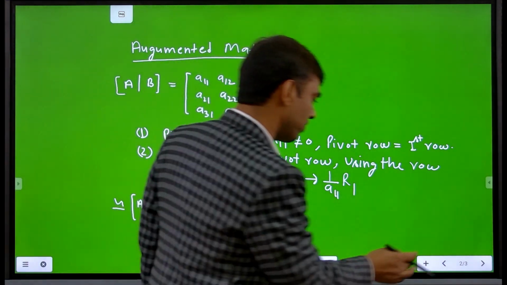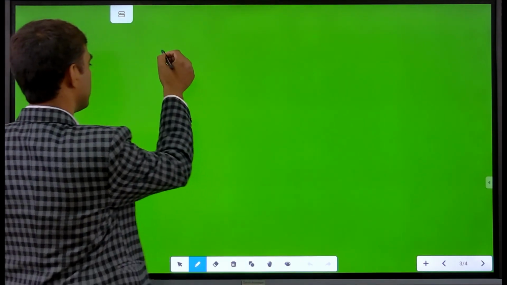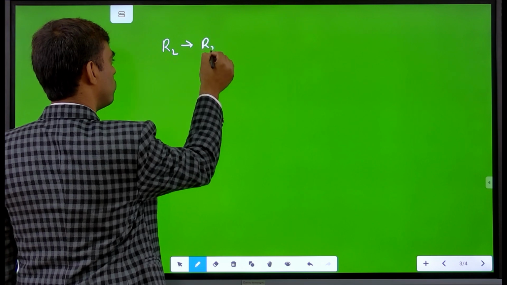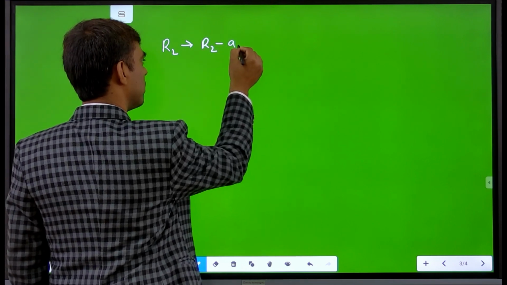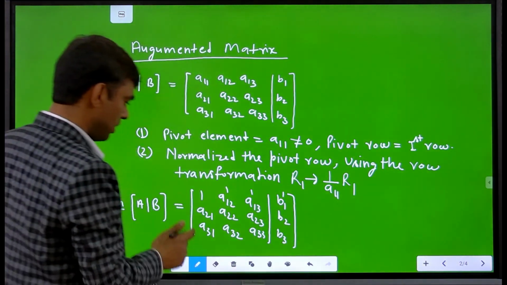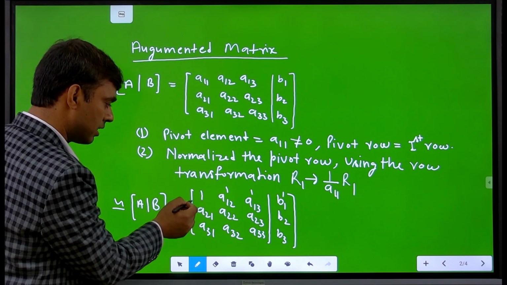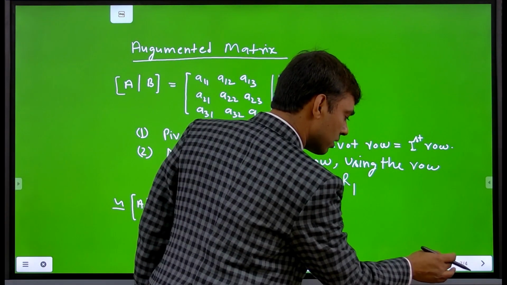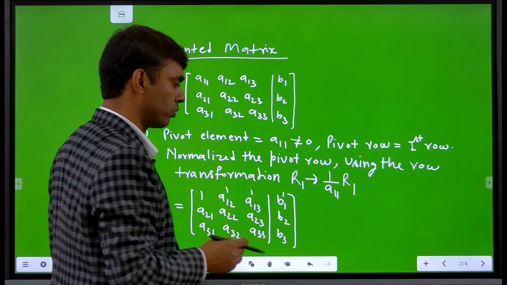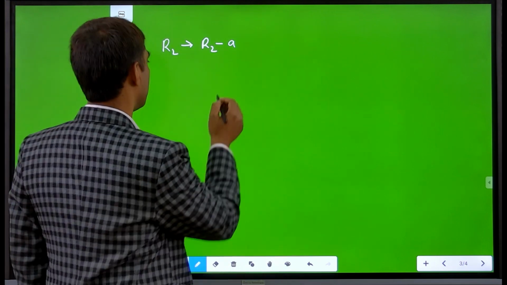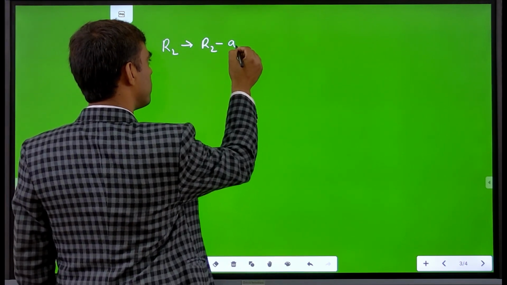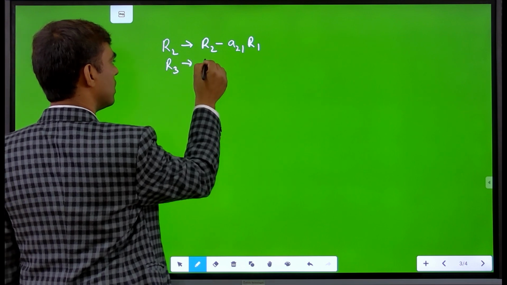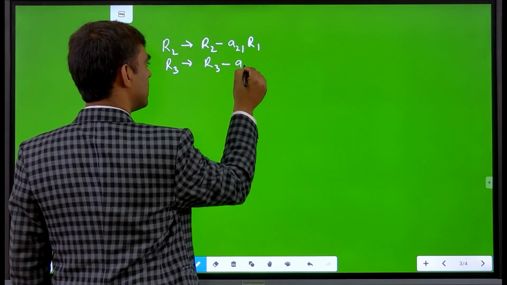We perform the following operations: R2 tends to R2 minus A21 R1, and R3 tends to R3 minus A31 R1. We subtract from this row the multiplication of A21 with the pivot row.